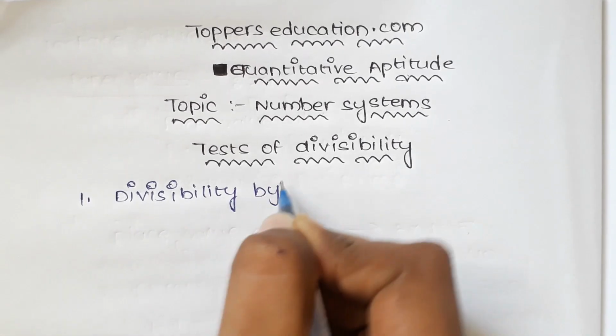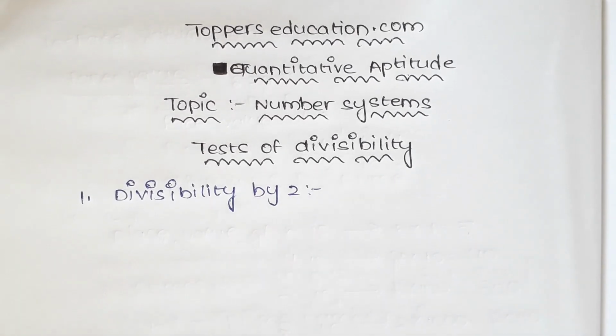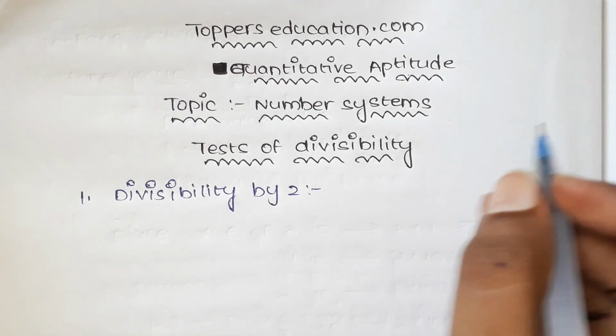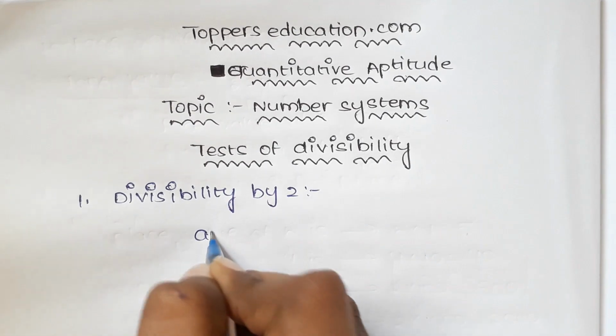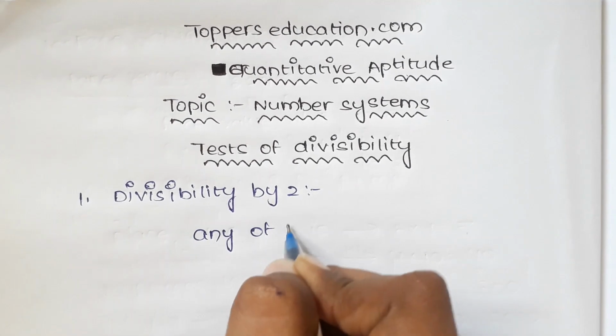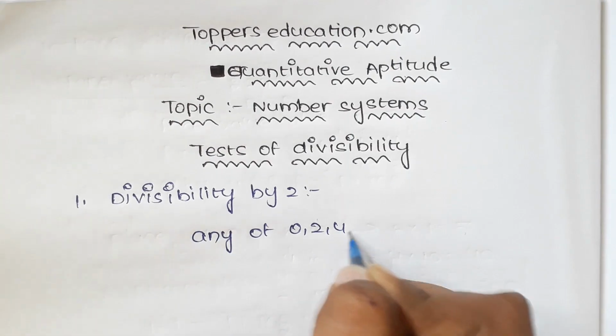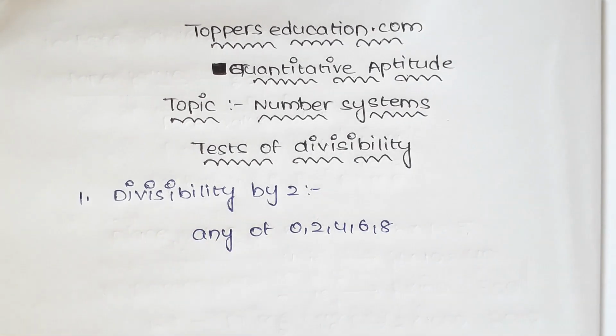Divisibility by 2. A number will be divisible by 2 when its unit digit is any of 0, 2, 4, 6, 8. For a number, if these digits are in the unit place, then the given number will be divisible by 2.